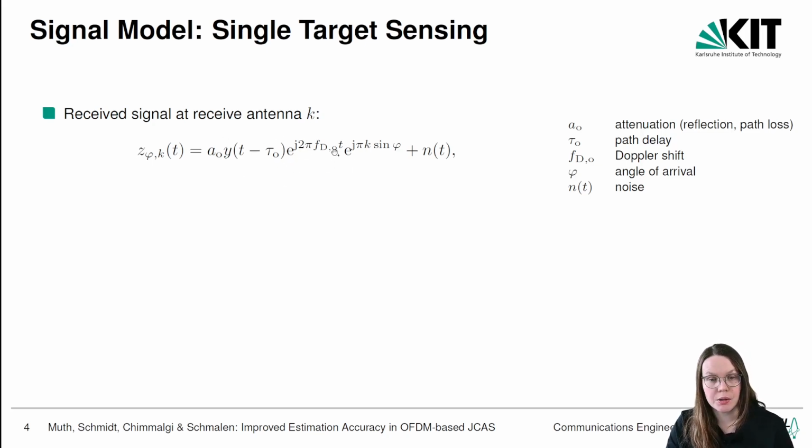Then we also get a Doppler shift from the movement of our target. Then additionally, this phase shift, which is different for each antenna. So we can estimate our angle of arrival and then some noise.